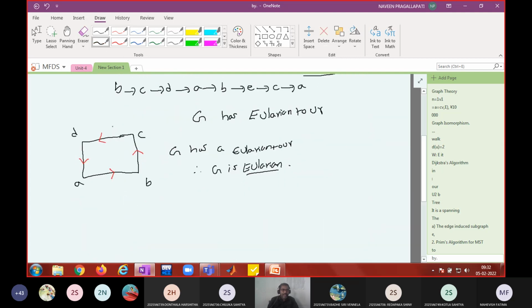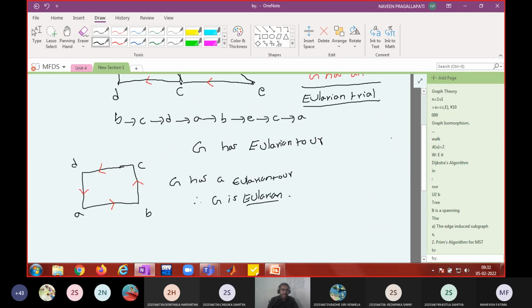Even my graph can be like this also. But if it is like this, will you have the tour?